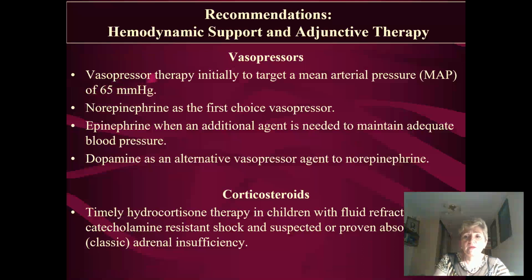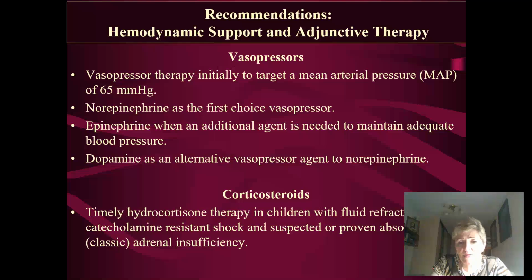Next, when you reveal a patient with septic shock or with hemodynamic disorder, in this case, a vasopressor is recommended. Vasopressor therapy is initially targeted at a mean arterial pressure of 65. In this case, norepinephrine may be recommended as the first choice vasopressor, and epinephrine and dobutamine.